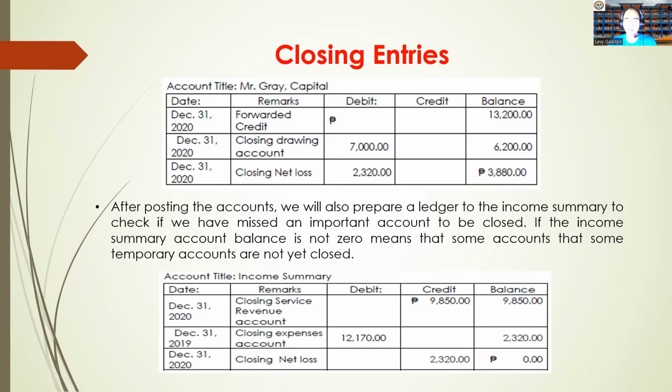Closing expense account, debit natin 12,170. So, closing net loss, ito yung 2,320. In the end, zero balance ang makikita dito. Therefore, wala tayong nakalimutang i-close base dito sa lumalabas na zero balance.